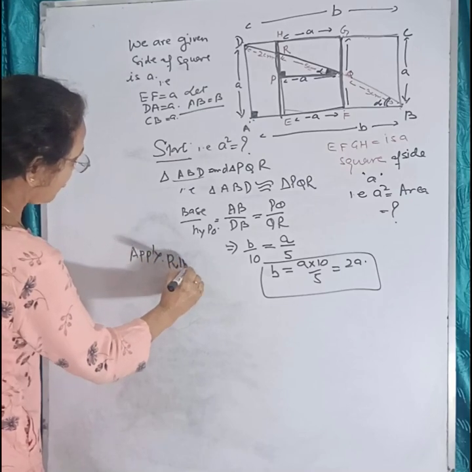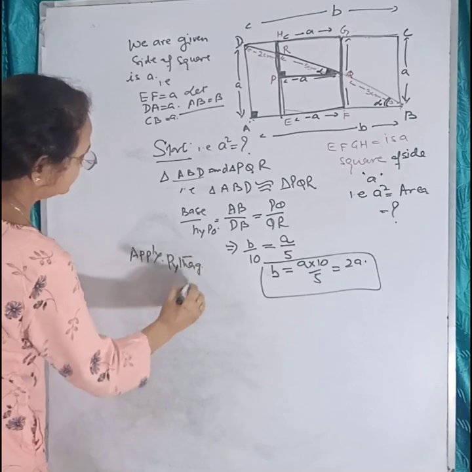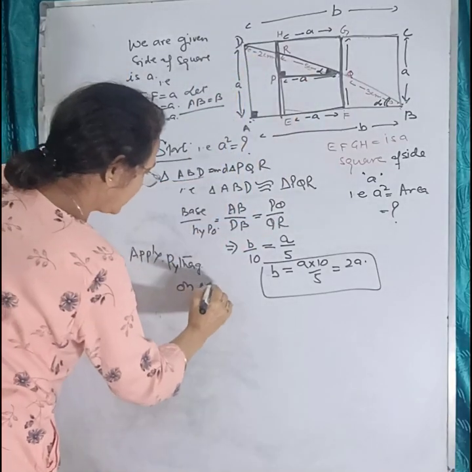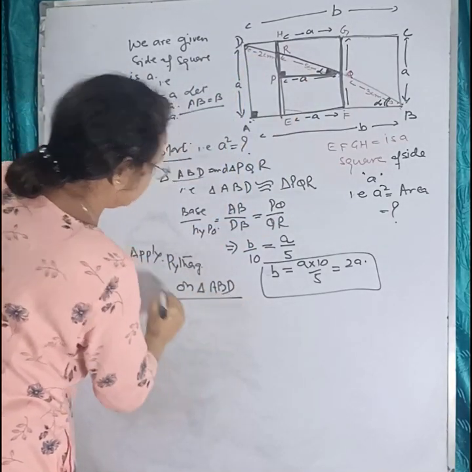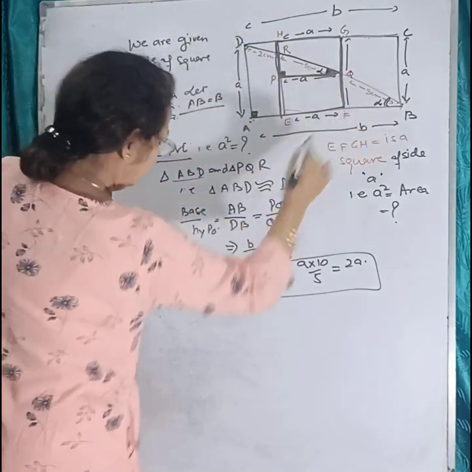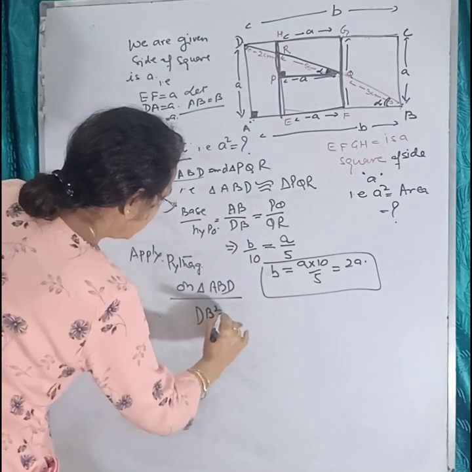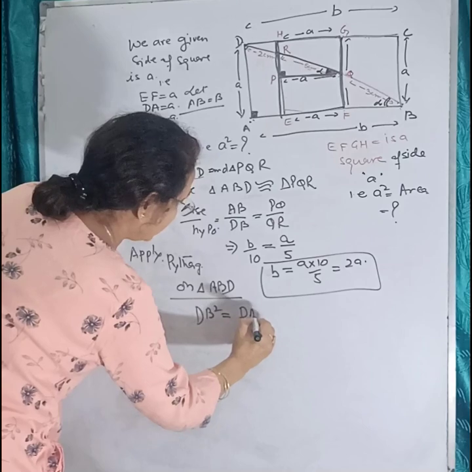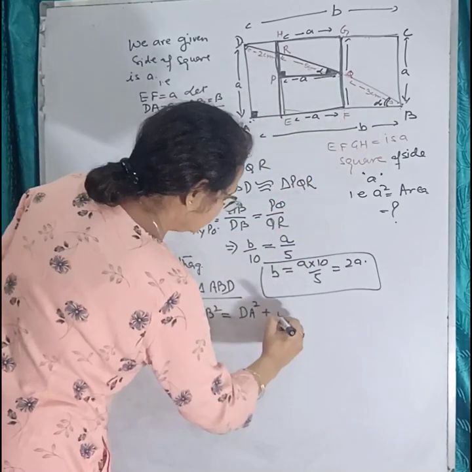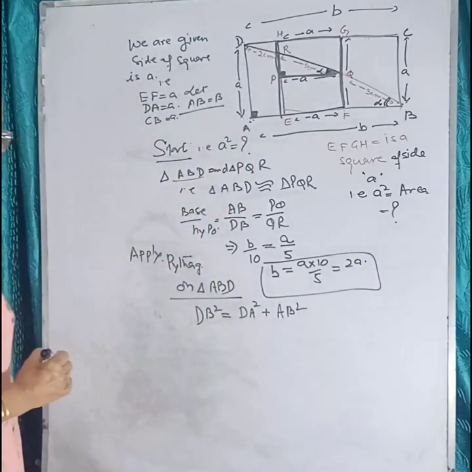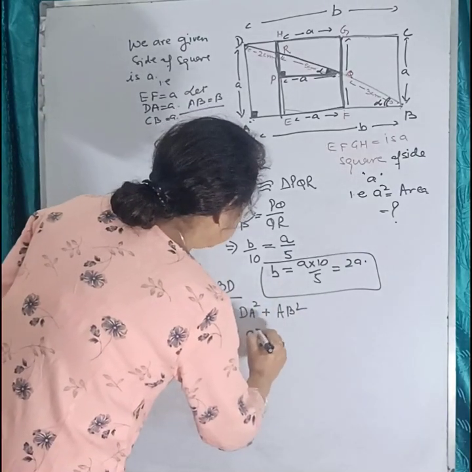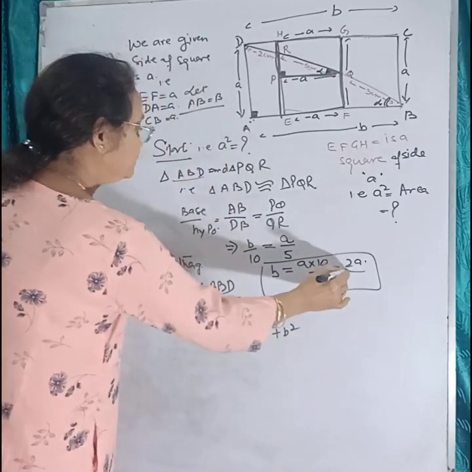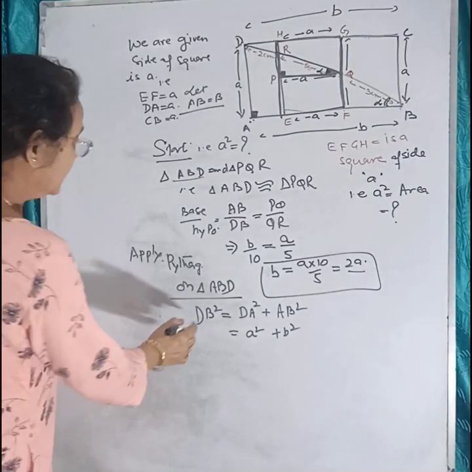Pythagoras on triangle ABD, बड़े वाले पर. DB square will be equal to DA square plus AB square. It means DA is A square plus B square. But B is equal to 2A. And DB is equal to what?